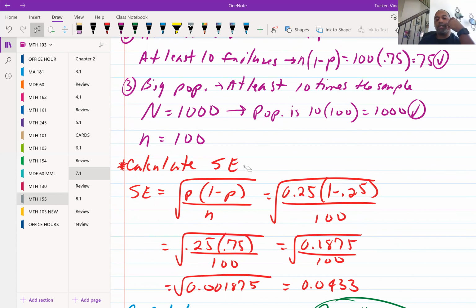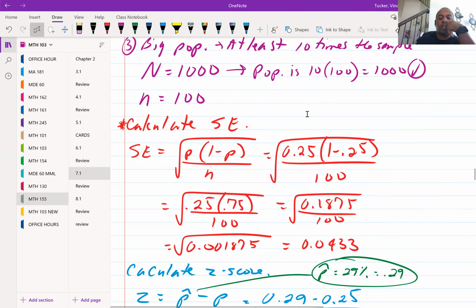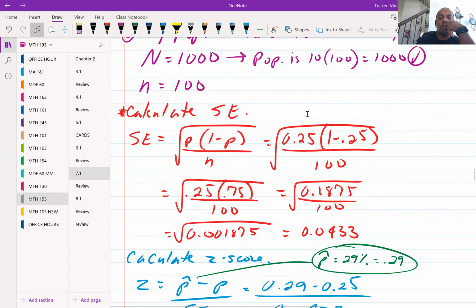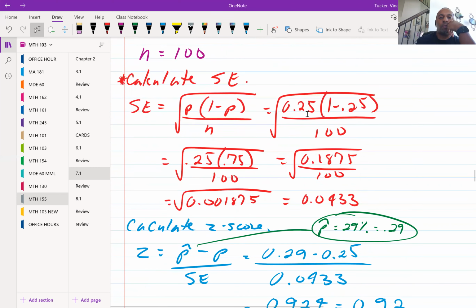So once you're done calculating, you should get 0.0433. All right, so that's our standard error. Write it down with the purple.